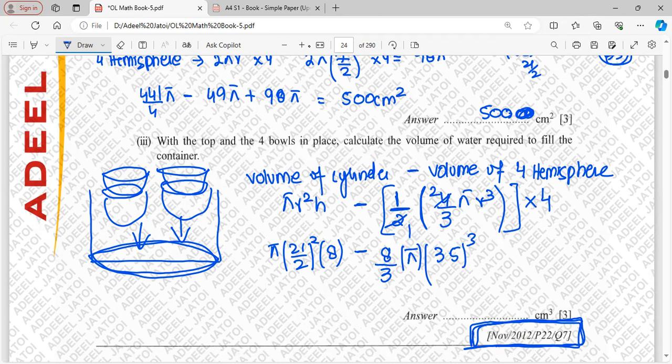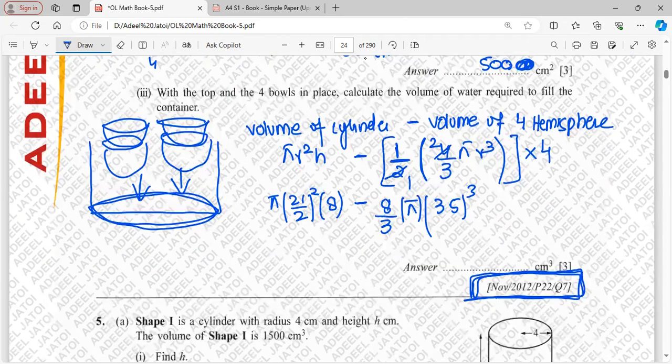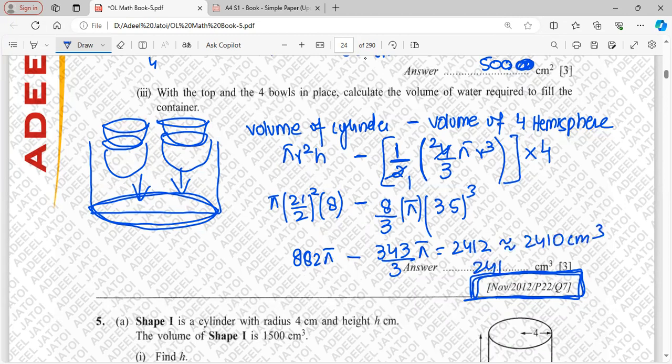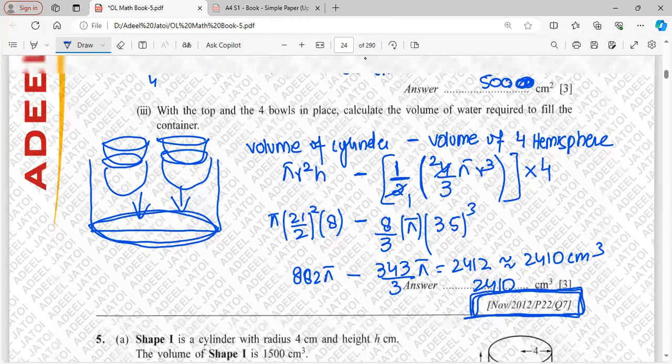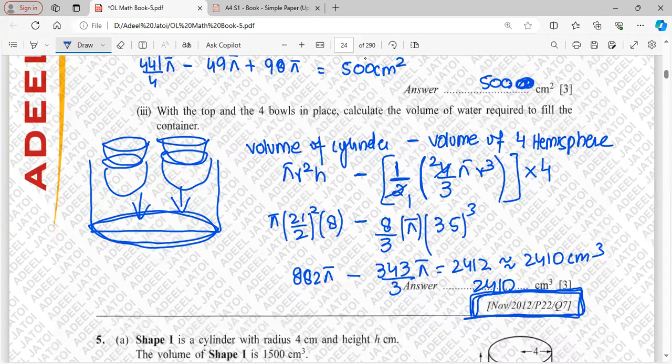So the total volume of the cylinder is 882 pi minus 343 upon 3 pi. The end result for this is 2412, which will be 2410 centimeter cube. So we take the volume of the cylinder minus the volume of the four hemispherical balls inside the cylinder, which gives the water put in the container.